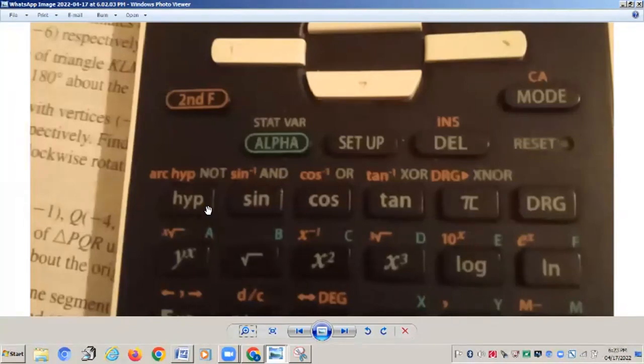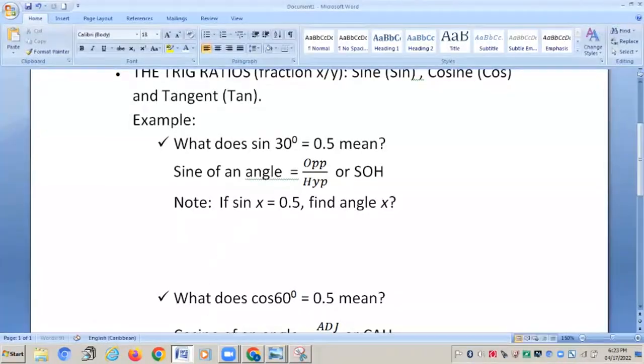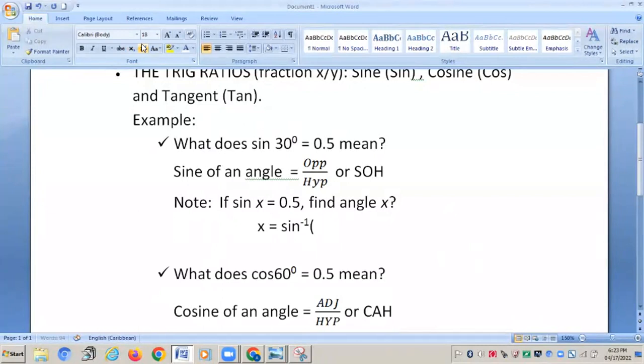All right, so let's get back to this. Now that you've mastered that, what you'll write is x is equal to sin raised to the -1 of 0.5, and that's equal to 30.